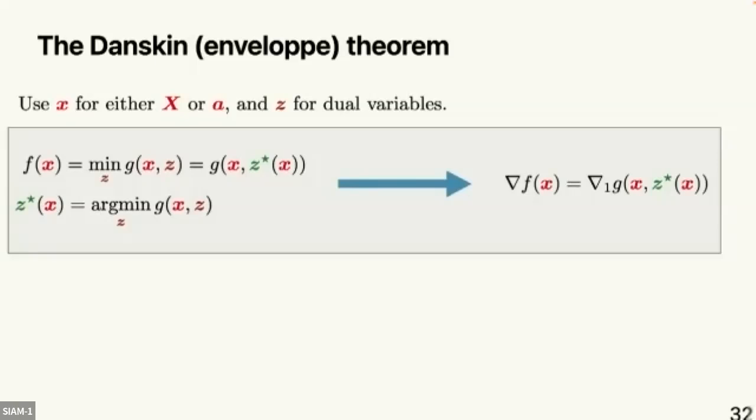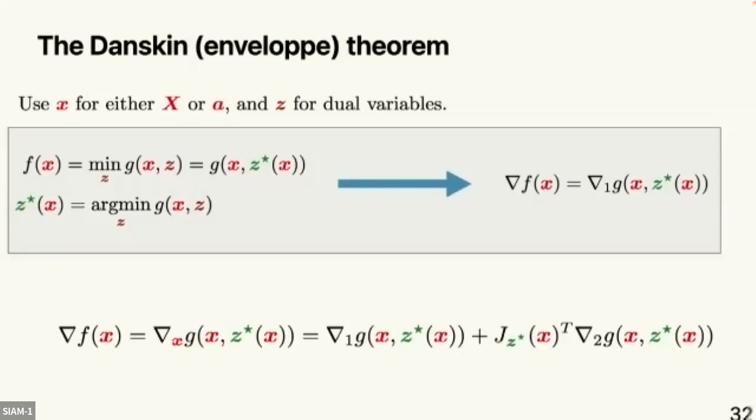So this works because I define f of x as being the minimum of something. Just to remind you of why we have this: if you were to use the chain rule with respect to x here, well, x here, this is the challenge, appears twice, right? It appears here and here. So the gradient with respect to x of this quantity should in principle be the gradient with respect to the first variable of g, plus the gradient with respect to the second variable of g, computed at x, z star of x, but corrected by the Jacobian of z star of x.